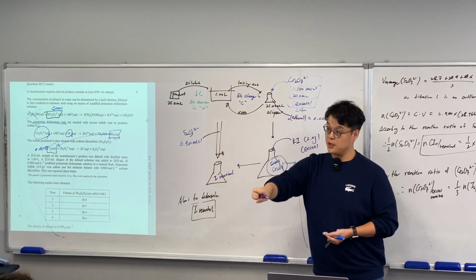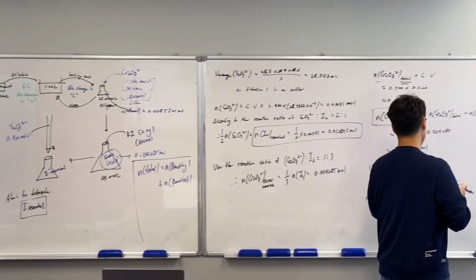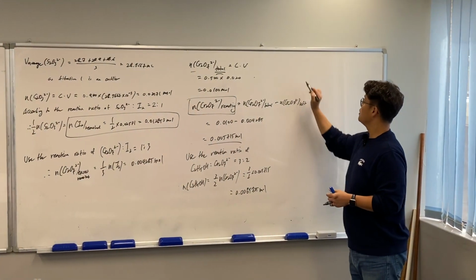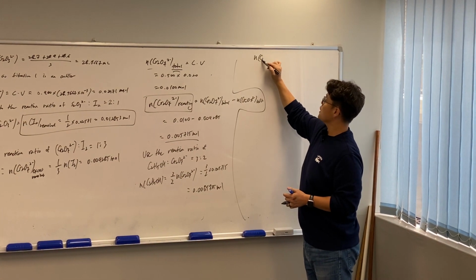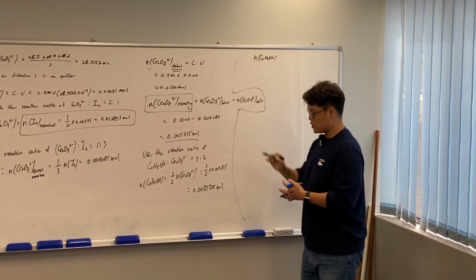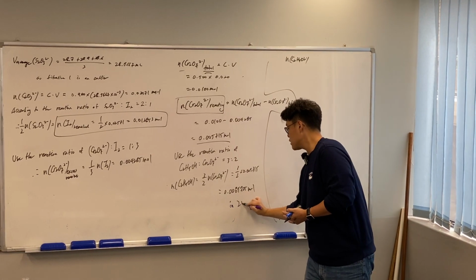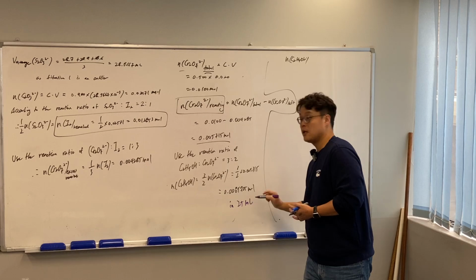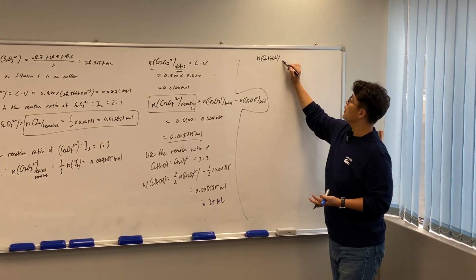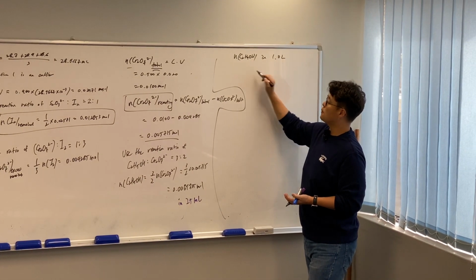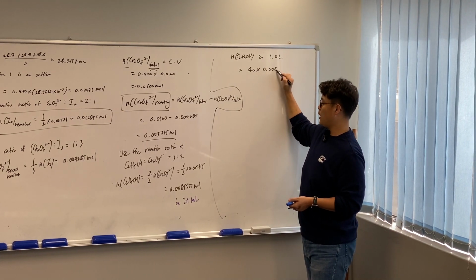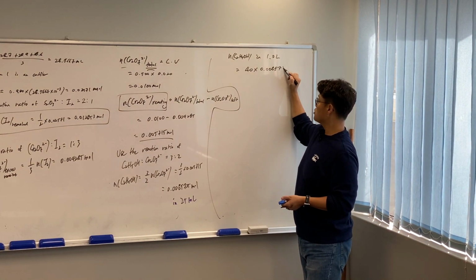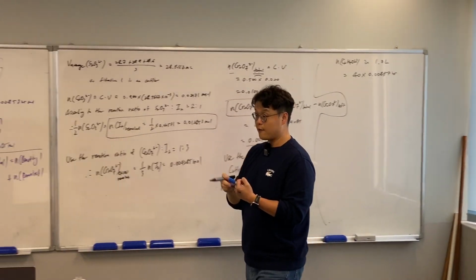Times by 40. So the n of the ethanol C2H5OH, this is in the 25 milliliters. So in 1 liter it must be 40 times 0.0085725. That's the total amount of ethanol that we have.